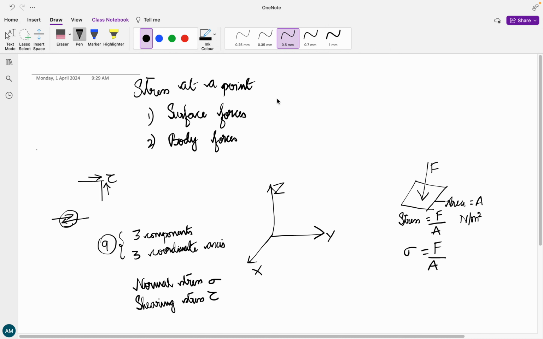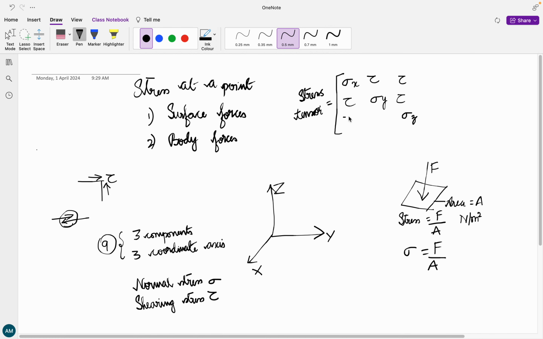Now, we are going to define the components of stress, or I can call it the stress tensor, where we will be having 9 components. If you want to define it in the form of a matrix, you have normal components. This is very easy to remember. Along the principal diagonal elements, you have sigma x, sigma y, and then sigma z. For the other places, you are going to have the shear stress, that is nothing but tau.